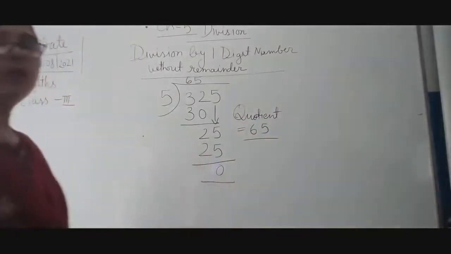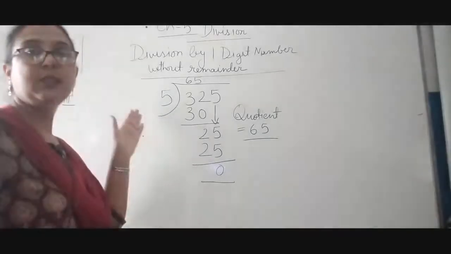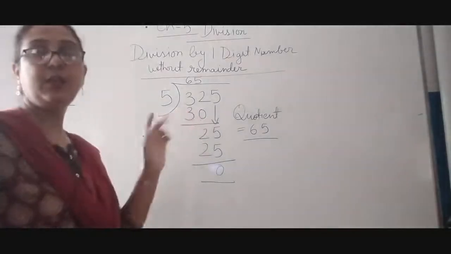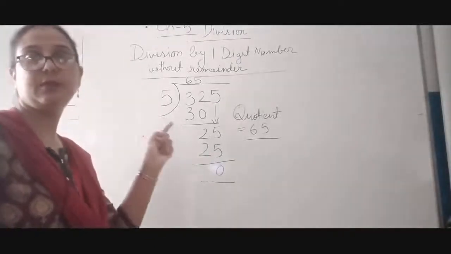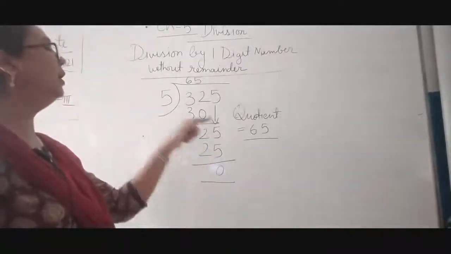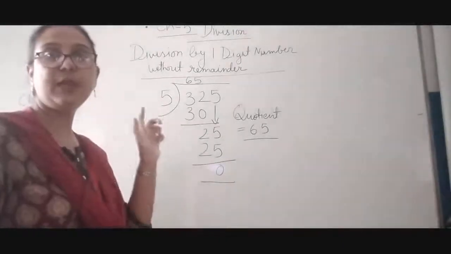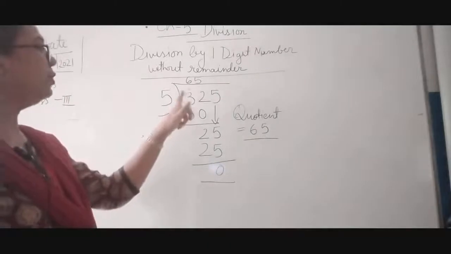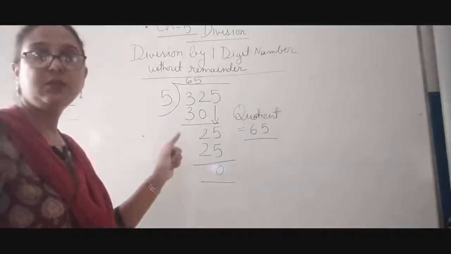Now what we saw yesterday: we are going to divide this 325 by a single digit, children. We did division with a single digit. Because 32 is not coming in the table of 5, we have to tell the table up to 6 times. 5 sixes are 30.